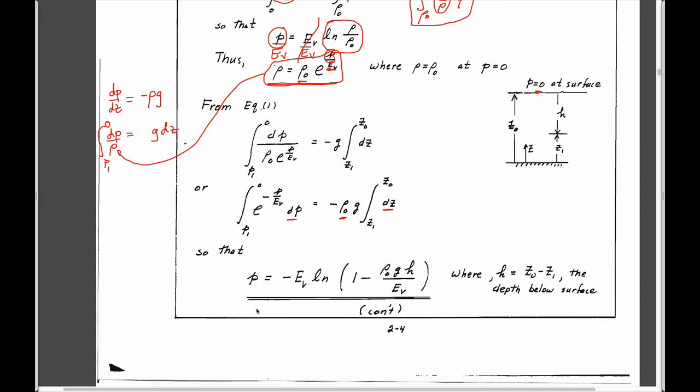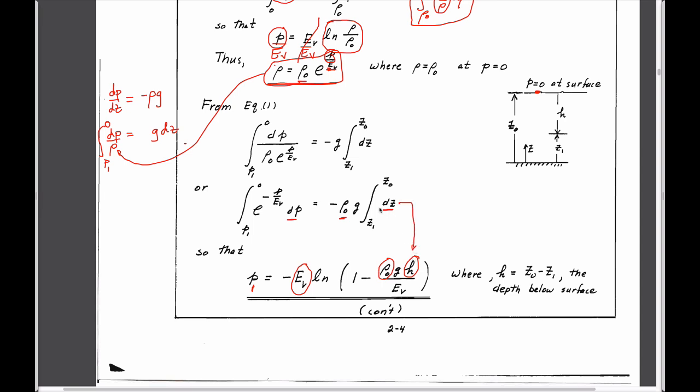And if we complete this integration, we end up with a magnitude defined for the pressure at the new point that we want. This is the upper limit. Actually, this is 1 here, as a function of the bulk modulus of the liquid, a reference density of the liquid at atmospheric pressure, gravitational acceleration, how deep we are, which is this elevation here.